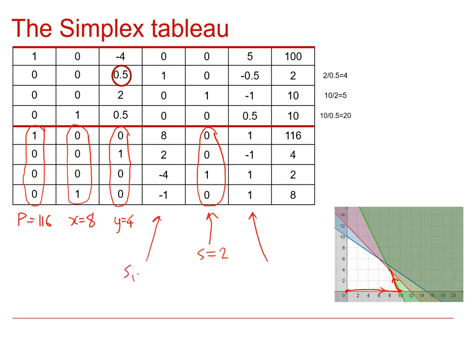So S1 is 0 and S2 is 0. And remember, we can think about that in terms of what we said at the outset, that at these vertices, of the slack variables or variables within the equations corresponding to our constraints, there will always be a pair of them which equals 0, and that's what's happened there.